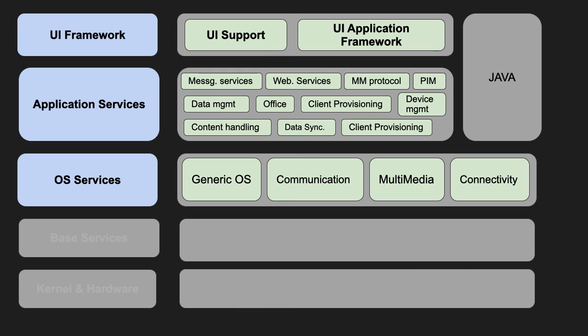And among another important framework and libraries found in this OS services layer is the multimedia framework, providing framework support for cameras, still and moving images. So at that time, you can send MMS through the phone. So that's why this layer also supports multimedia.